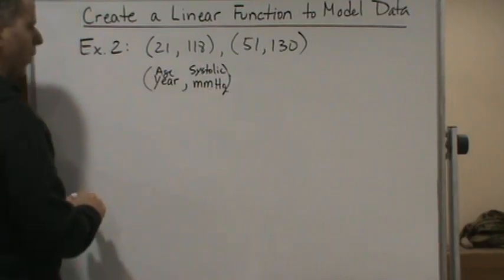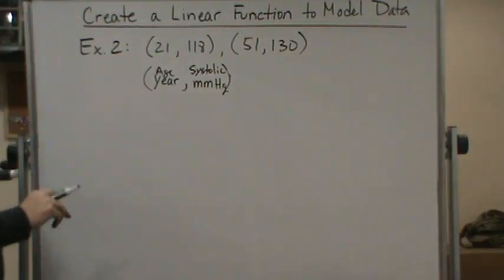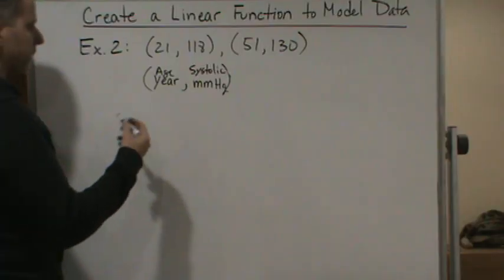What they gave us was 2 of the points, and they want us to use those 2 points out of the data to create this model. So the first thing we want to do is calculate the slope.